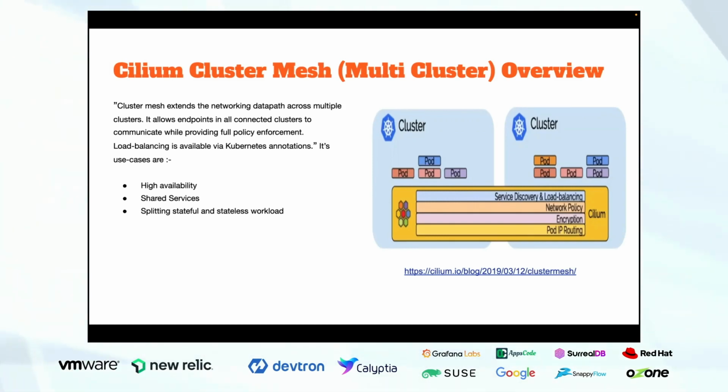We can also have a shared service, let's say Vault, created once and available on multiple clusters. Similarly, let's say we have one stateful cluster and one stateless cluster. We can have all the stateful infrastructure on-prem, and the public-facing stateless workload on the cloud. So all of these things are possible with the Cilium cluster mesh.